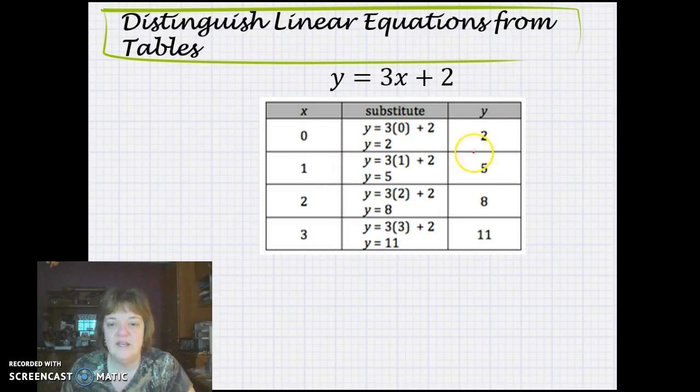Plugging in 1 gives me 5 for y. 2, 8, 3, 11. Get it? It's very simple. And if you notice, each of these gives me a different value for y, okay? Each of the x's. And if we keep plugging in a 3, we're going to keep getting an 11. There's nothing that can change.